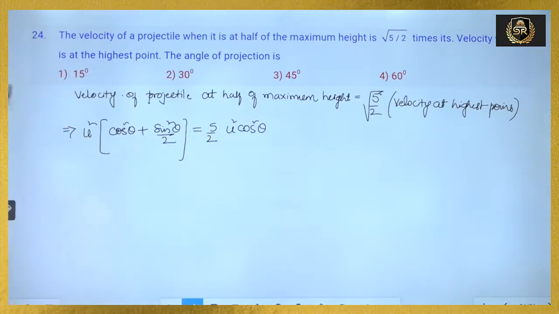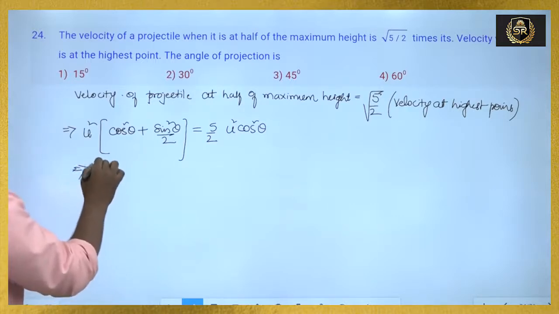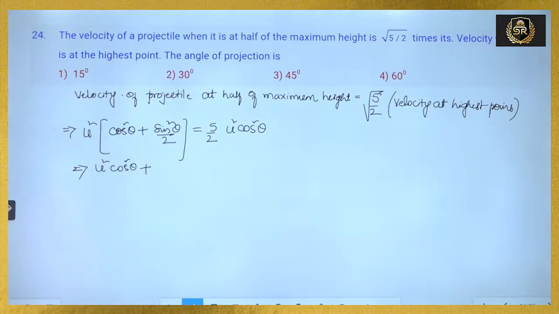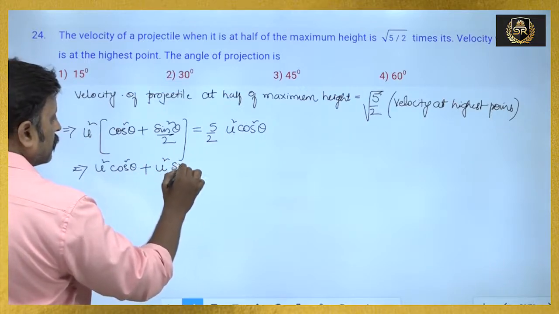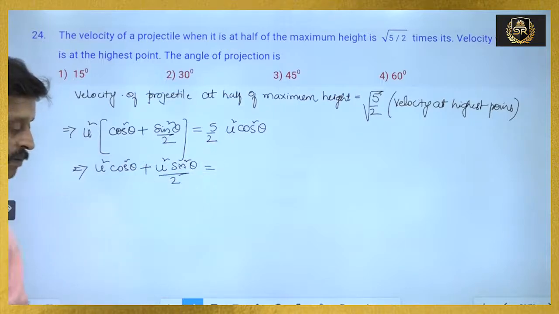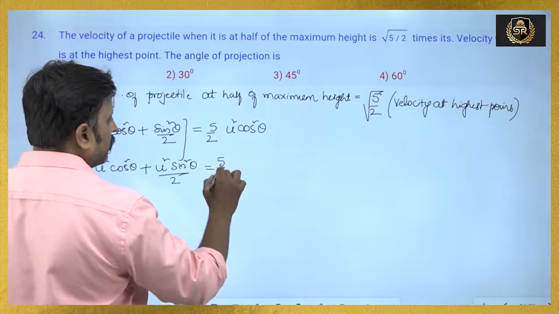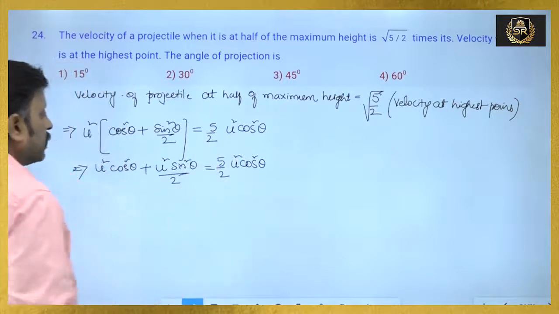Okay. So from this left hand side, u square cos square theta plus u square sin square theta by 2 is equal to how much? 5/2 times u square cos square theta.